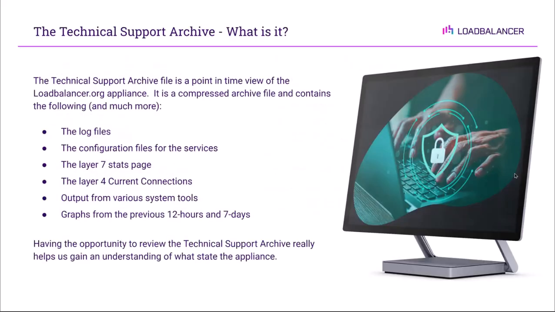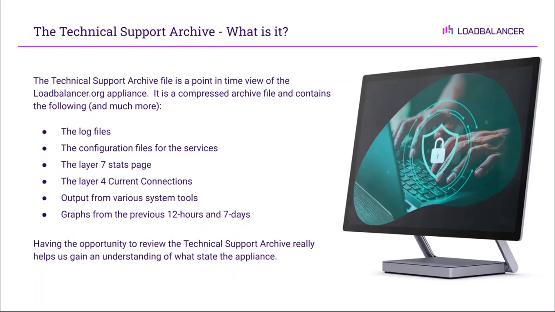Here's a brief explanation of what you could expect in such a technical support archive. You will have, as I mentioned, the log files, the configuration, the layer 7 stats page that I have shown you, the output of the layer 4 current connections, as well as some output of various system tools, such as what IPs are configured on the load balancer and how much disk space is available on the load balancer.